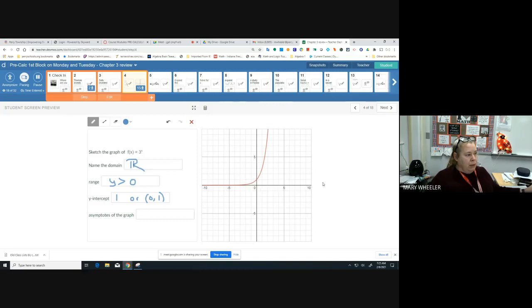The asymptote is a horizontal line, which would be y equals 0. This is some past knowledge that we've talked about with range and domain before. At the very beginning, I think our first lesson, we talked about the growth and decay. So don't overthink this problem if you see one similar to it.